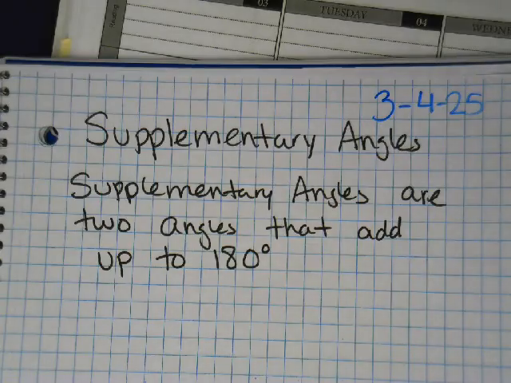Supplementary angles are two angles that add up to 180 degrees. Now, what does 180 degrees look like? A straight line.